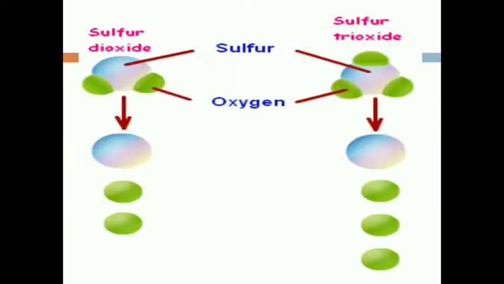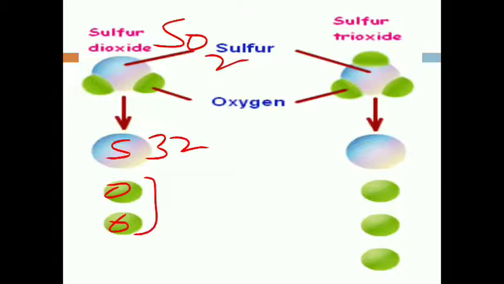The last example I have taken for this law is the sulfur and oxygen compounds. This law says that the ratio of masses of one element against a fixed mass of another is a simple ratio, because atoms always combine in whole numbers. For example, to make sulfur dioxide, one sulfur combines with two oxygen, so the mass is 32 is to 32.